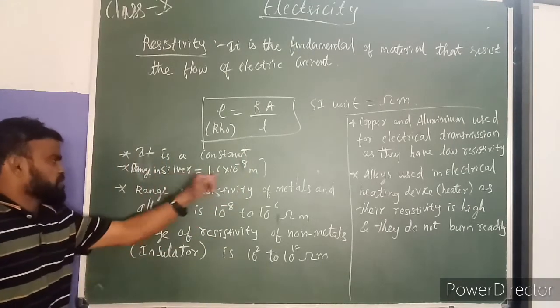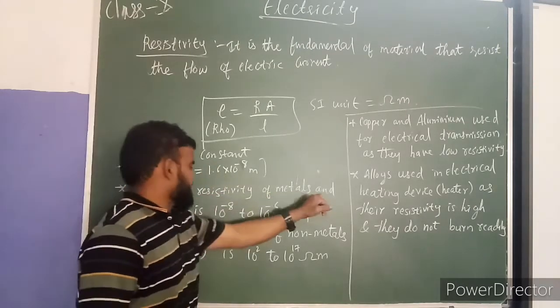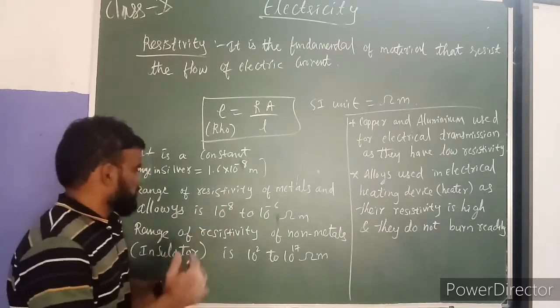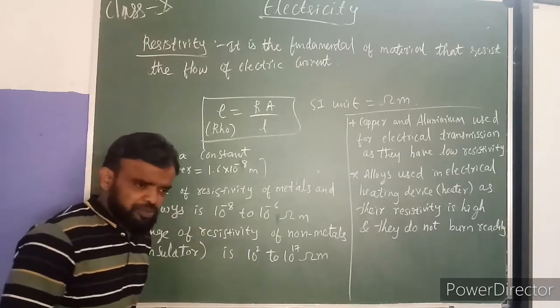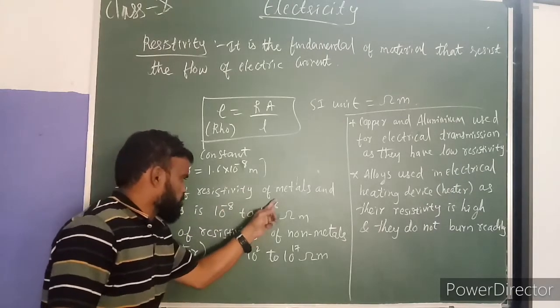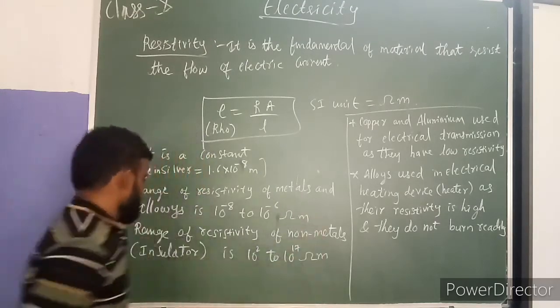The range of resistivity of metals and alloys, and alloys are also metals we use, is 10 to the power of -8 to 10 to the power of -6 ohm meter. Understood? Ohm meter.